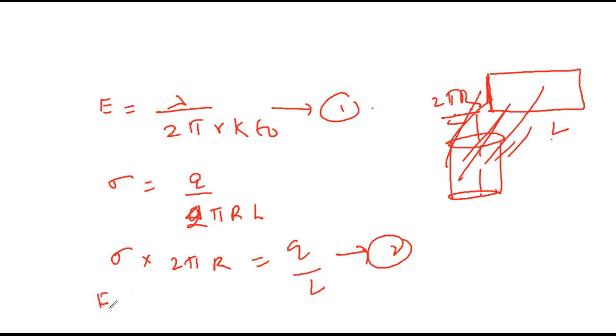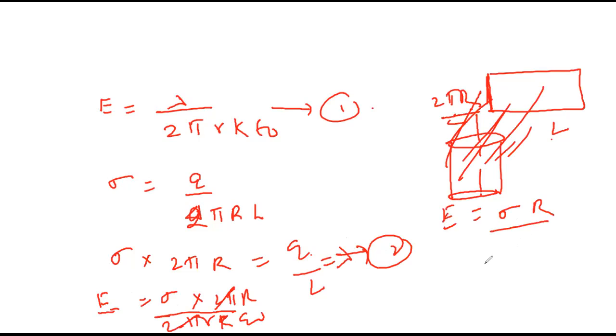So therefore E becomes lambda, that means charge per unit length. This is nothing but sigma into 2 pi capital R upon 2 pi small r K epsilon naught. 2 pi cancel. So our formula becomes sigma R upon small r K epsilon naught. Now I'm putting the values. This is 0.25 micro, micro means 10 raised to minus 6. Capital R is 4 millimeter, that is 4 into 10 raised to minus 3 meter.